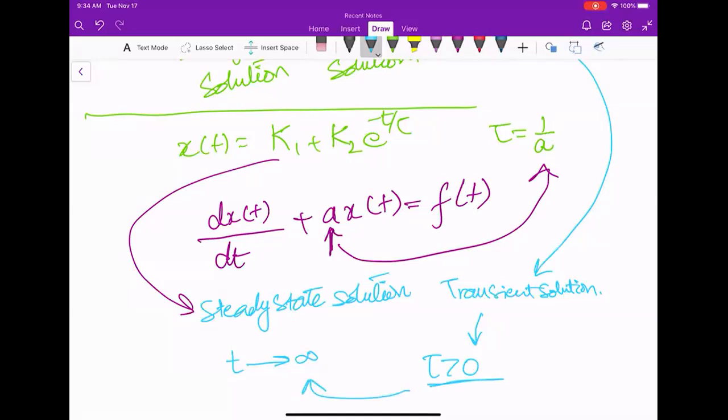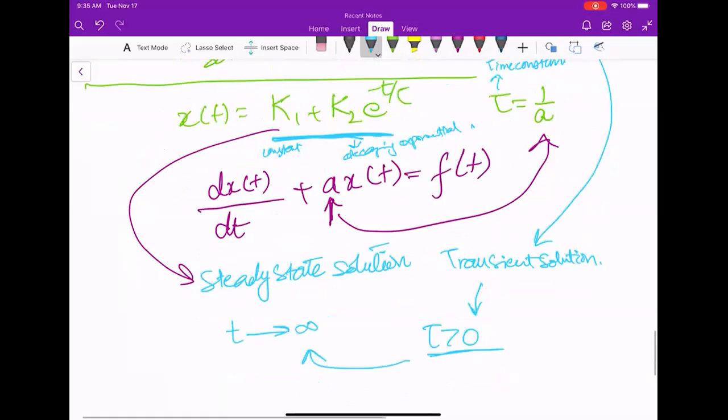Another thing is that you also call this the time constant, and we know that. So by examining this solution, you know that this is a constant and this is a decaying exponential. So we will learn what it means to have the decaying exponential in our solution.